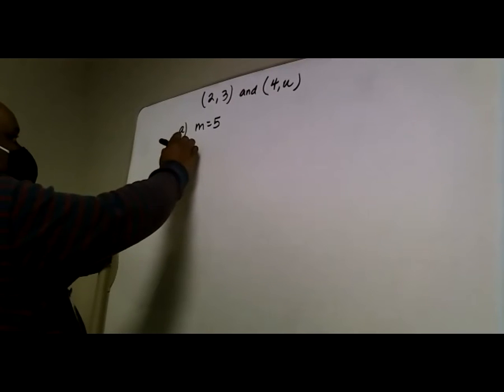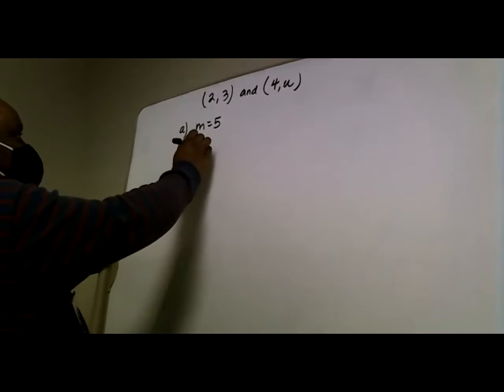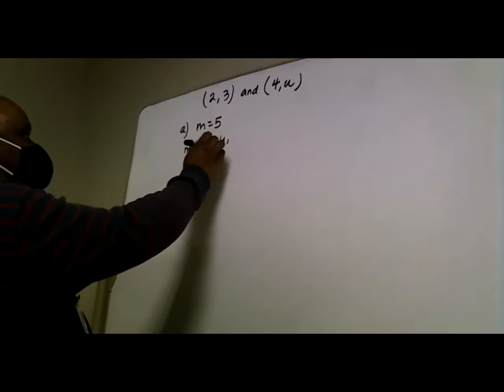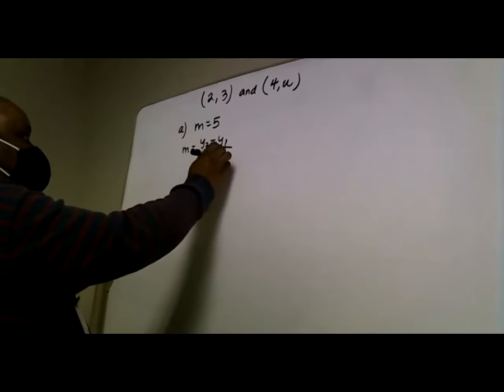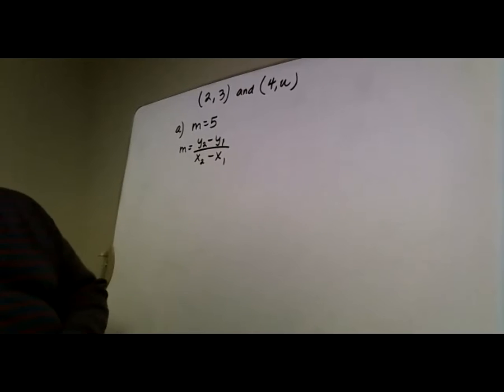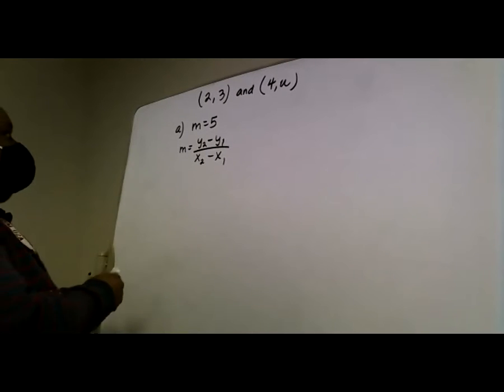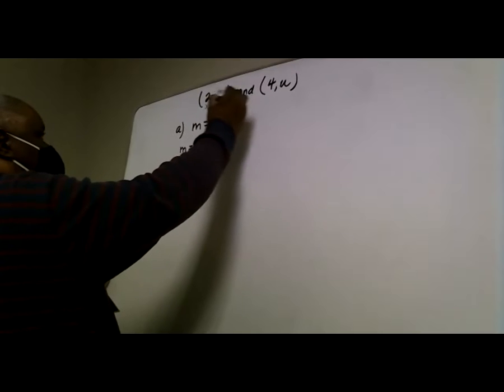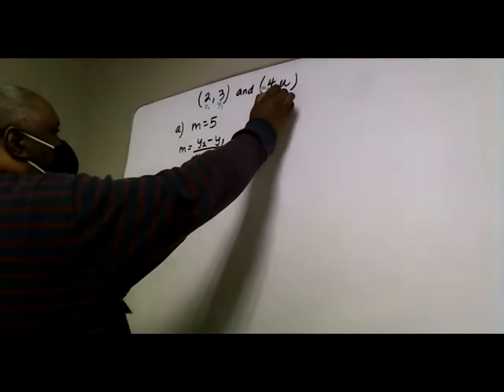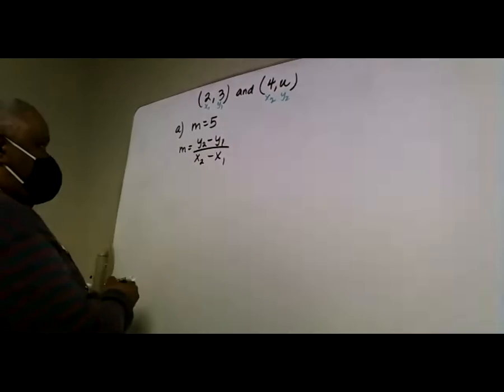And of course, we use that slope formula, m is equal to y2 minus y1 divided by x2 minus x1. And of course, the 2 will be x1, 3 is y1, the 4 is x2, the u is what we're trying to find, that's going to be y2.